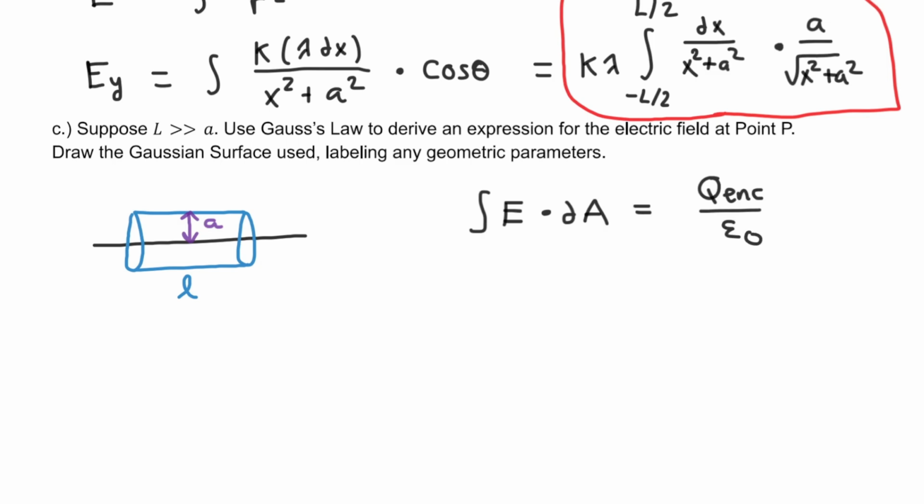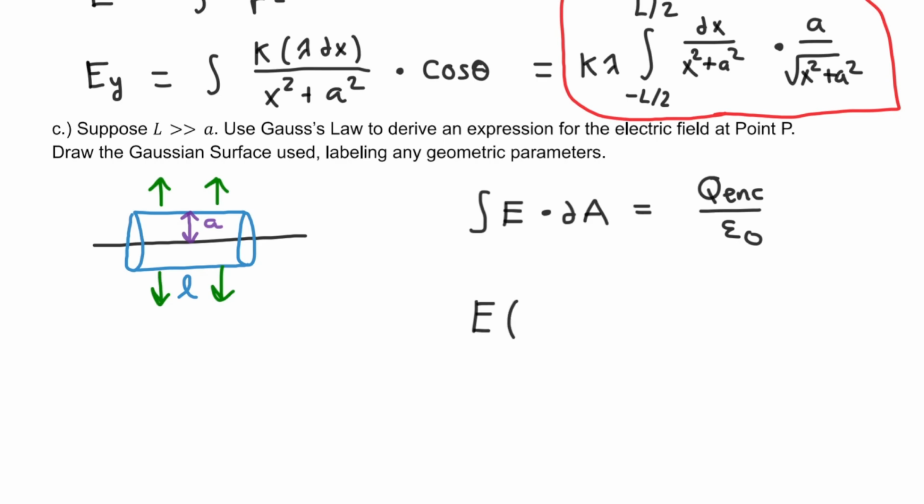And the reason the rod had to be really long is because if the rod's really long, due to symmetry, you actually can't get any horizontal field components. So the barrel of the cylinder is exactly pierced by every single field vector. This allows us to simplify the left side of Gauss's law, which is never the hard part.